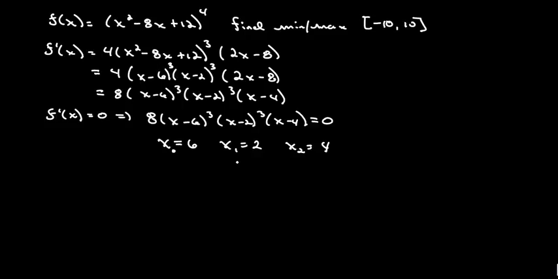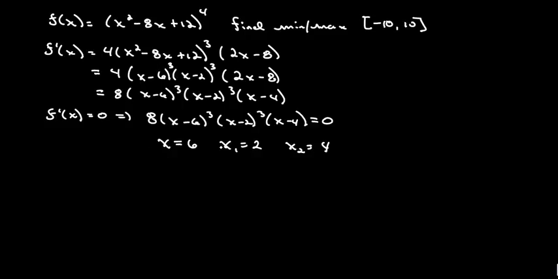So now what we're going to do is check to see if these are possible minimums or maximums. Now if these are inflection points, points of inflection, then they're just going to show up somewhere in the middle anyway, so that's not a big deal.